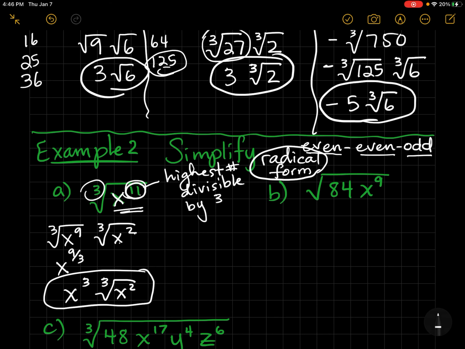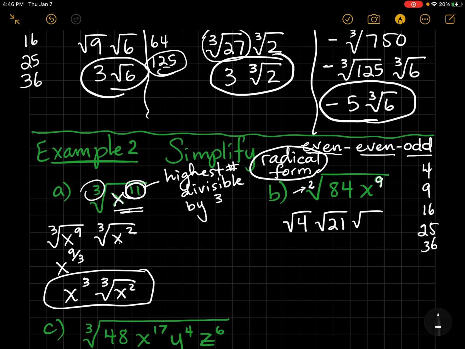Alrighty, let's look over here. This is a square root because there's no number here. So I'm asking myself 4, 9, 16, 25, 36. I'm asking myself what's the highest perfect square? 4 is the highest one. 4 times 21. This is a square root. So I'm looking for the highest number that's divisible by 2.